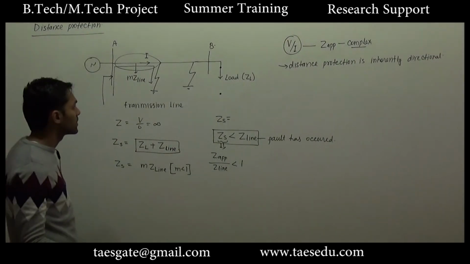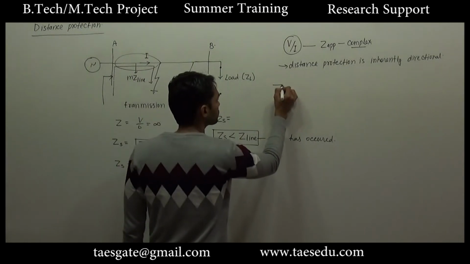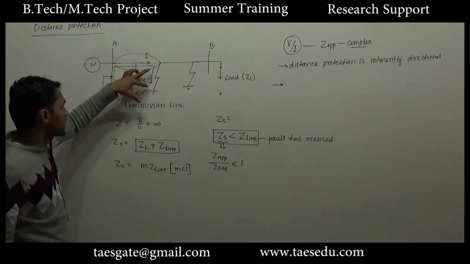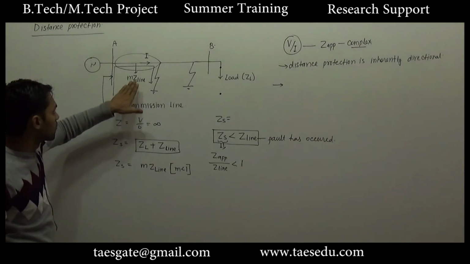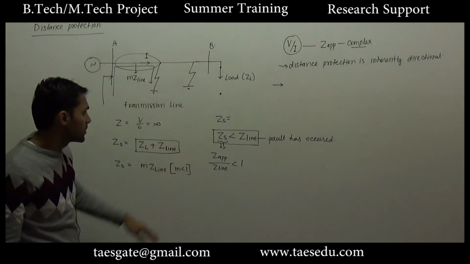One more thing we can observe here is, if the fault occurs right in the middle of the transmission line, what will be the measured or the apparent impedance?